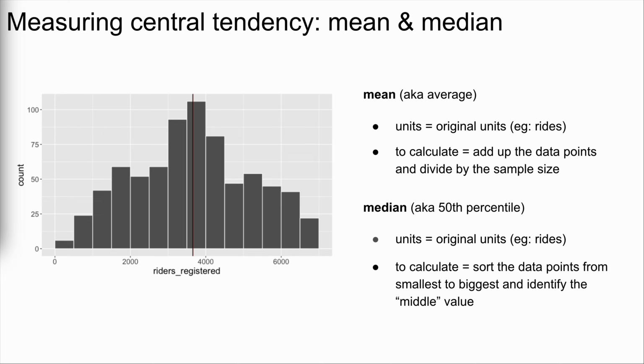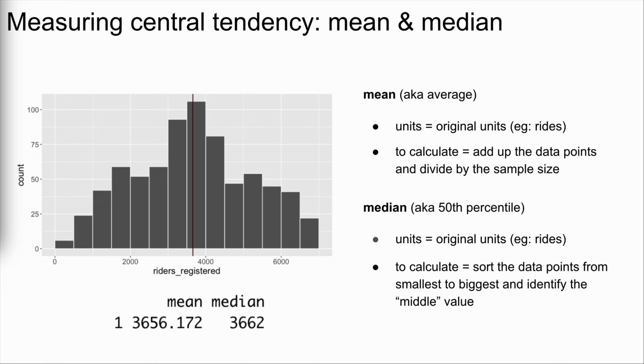Now, in our bike data, we had observed from our plots that daily ridership tends to be around 4,000. Numerical summaries provide more precision. Here, note that the mean ridership was roughly 3,656 rides per day, marked by the vertical line here.